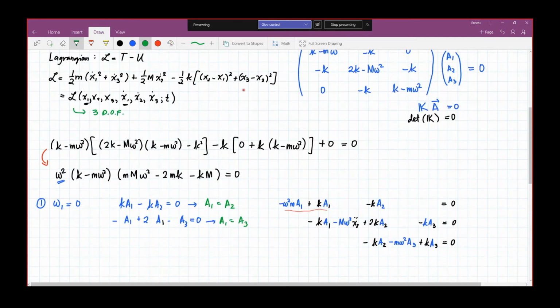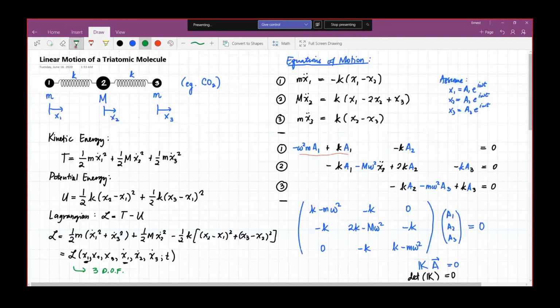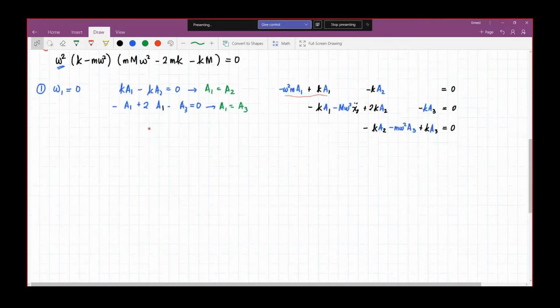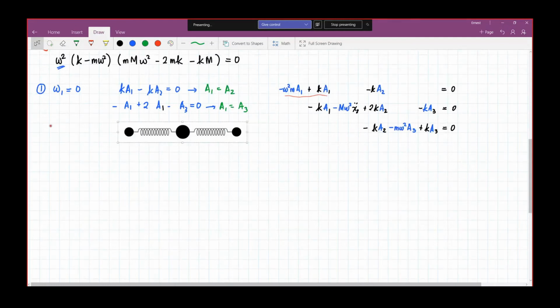Okay, so if we're going to use this figure, let's copy this and paste it here. The resulting equation becomes A1 is equal to A2 and it's equal to A3.